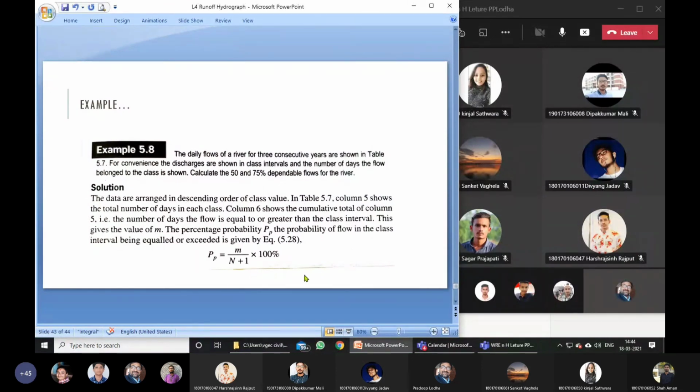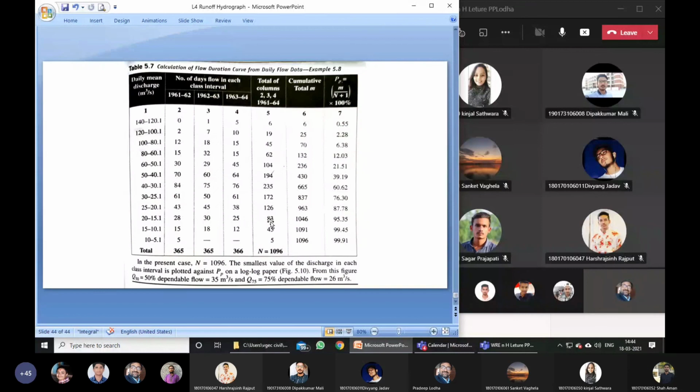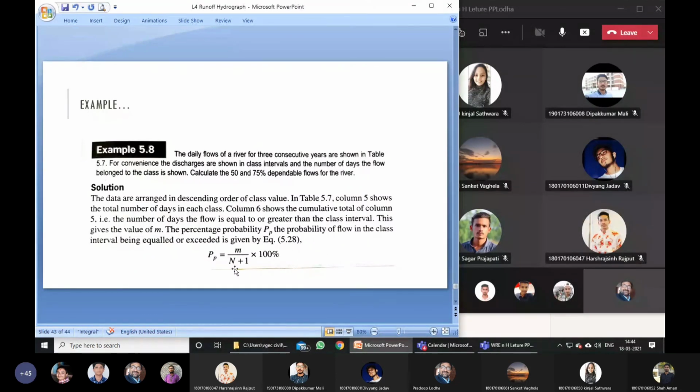This is a simple way of constructing this: the given discharge data in the river is arranged in descending order. Like in this graph, we have to arrange the given data in descending order, and we use this simple equation: n is the number of observations plus 1, and m represents the rank at which you are working, into 100.